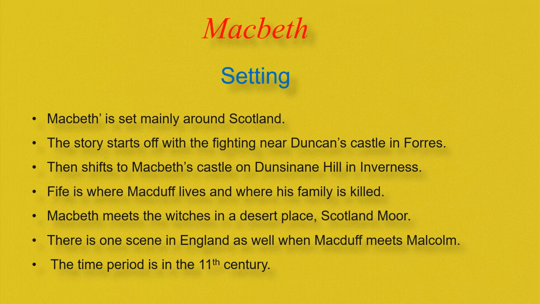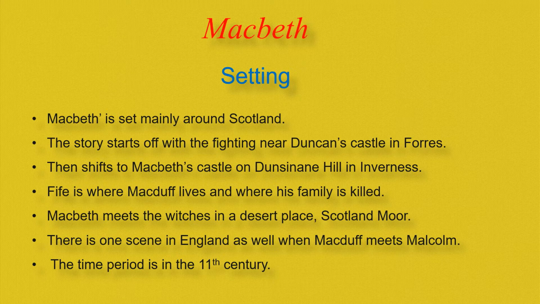Macbeth meets the 3 witches, the most important and pivotal element in this play, in a desert place which is called Scotland Moor. And there is one more scene, only one scene in England, when Macbeth meets Malcolm.